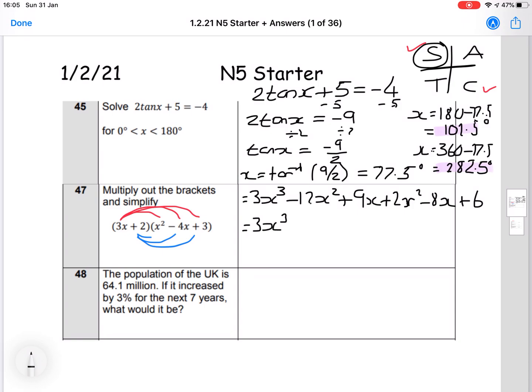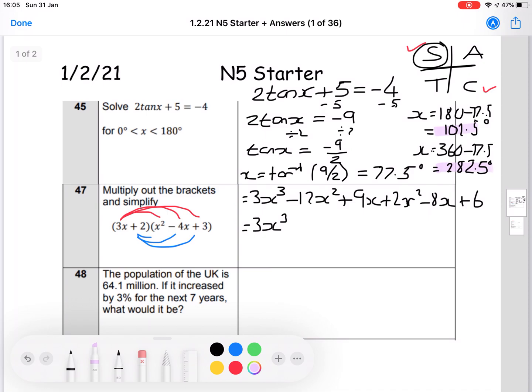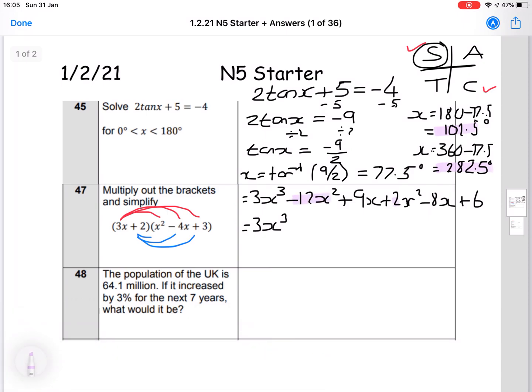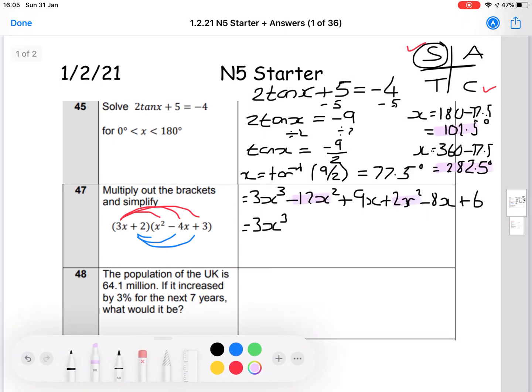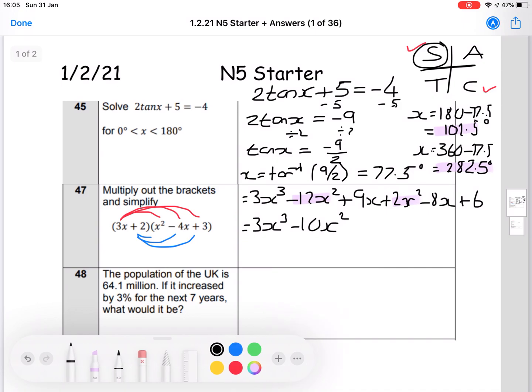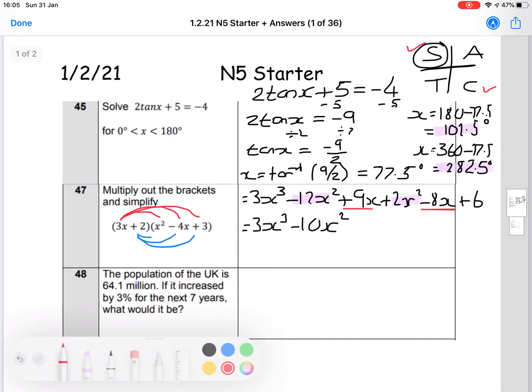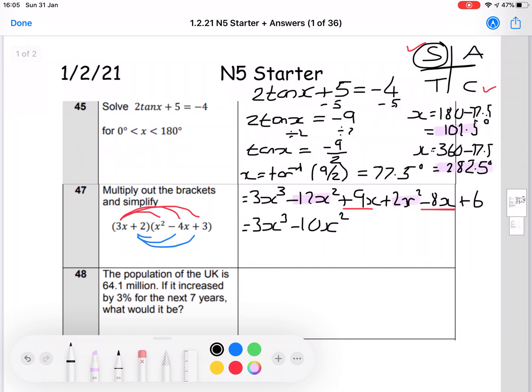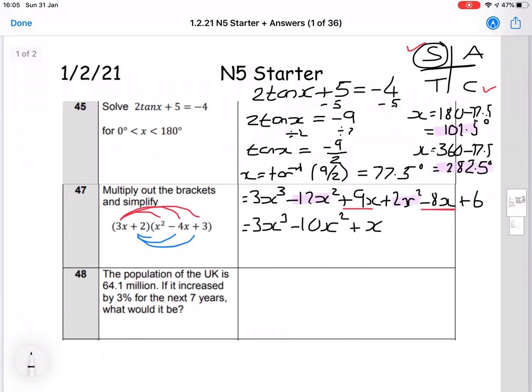We have -12x squared + 2x squared. So -12 + 2, that's -10x squared. And we also have our 9x - 8x. So 9 minus 8 is going to leave you with one single x term, and then the +6.